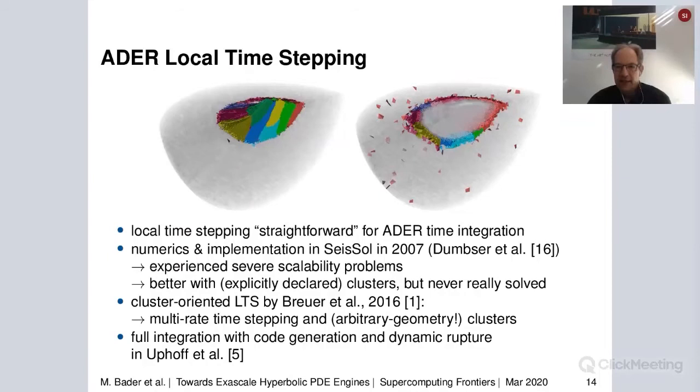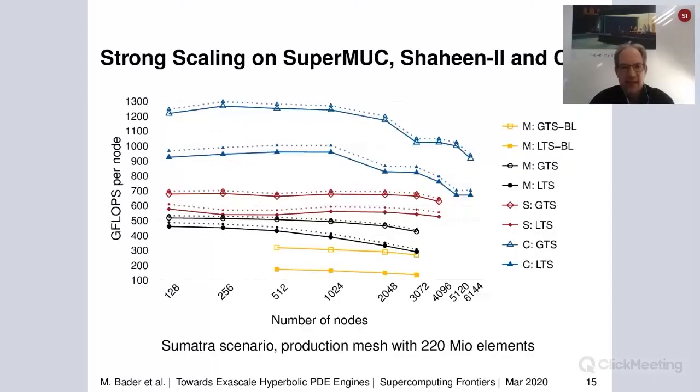All these elements are integrated in the individual cluster and are advanced at the same time step. The full integration of local time stepping with the code generation and the dynamic rupture procedure was done in 2017. And that was actually a big step in getting the performance that we got for SeisSol.